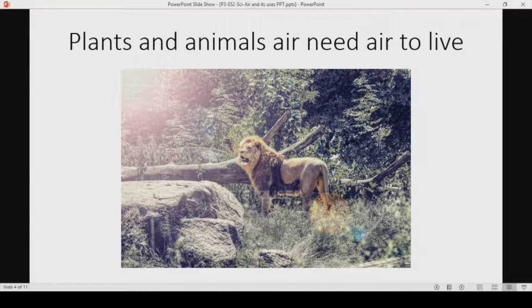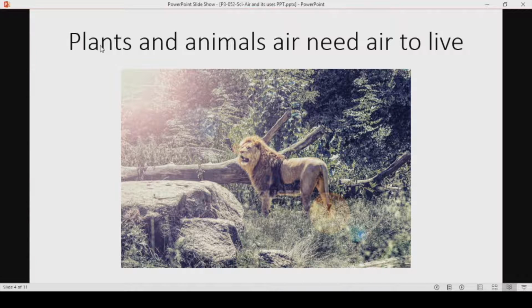Animals need to breathe too. But what sound does a lion make? A lion can roar. Roar. If there was no air, the lion wouldn't be able to make a sound. We need air for sound.